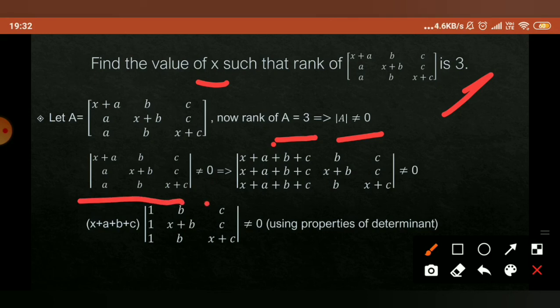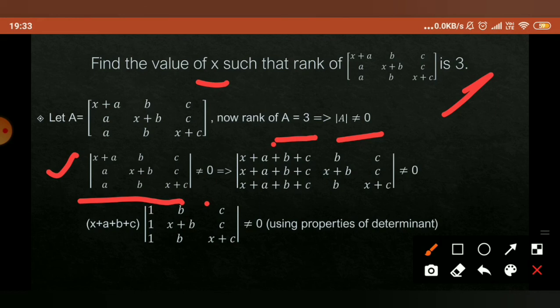Now in this question, unlike the previous question, where we used the idea of finding the determinant by expanding with respect to a row or column, here we have not used that concept. You can see this matrix has x, a, b, c as its elements, so multiplying and expanding this would be a very clumsy process.